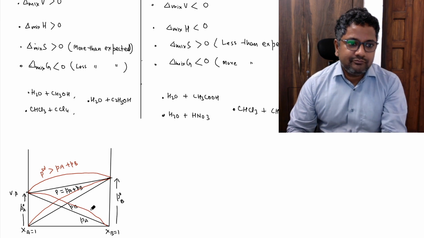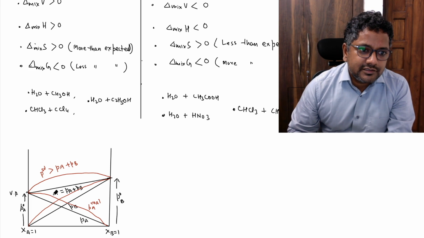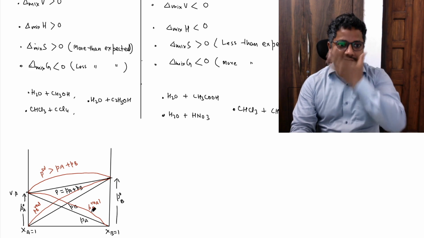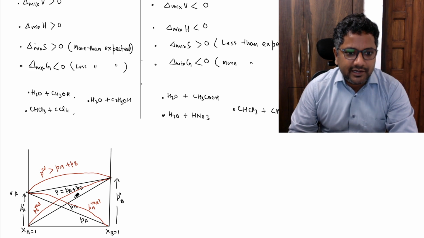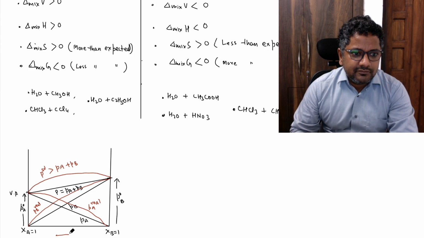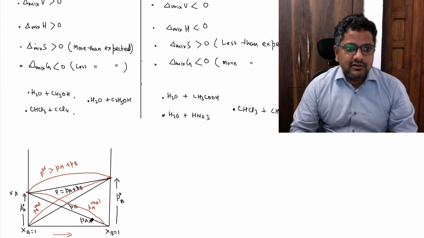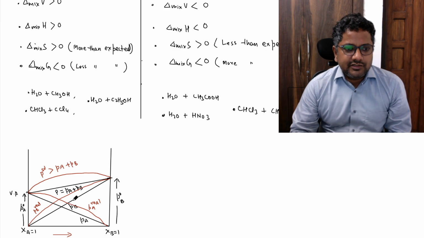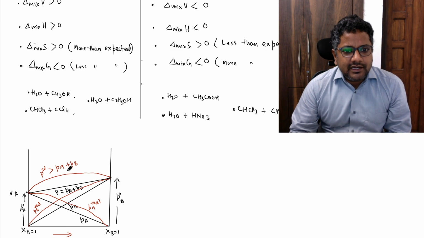So this is PA real, and this is PB real. So with the red color I have shown the real behavior, meaning positive deviation, and with the black ink I have shown the ideal, right? So this is the vapor pressure versus composition curve for a solution showing positive deviation.